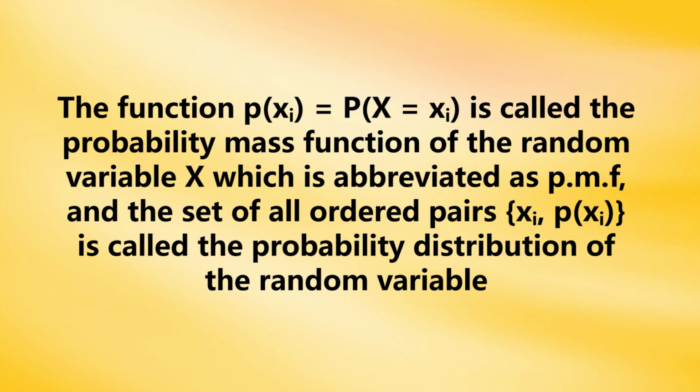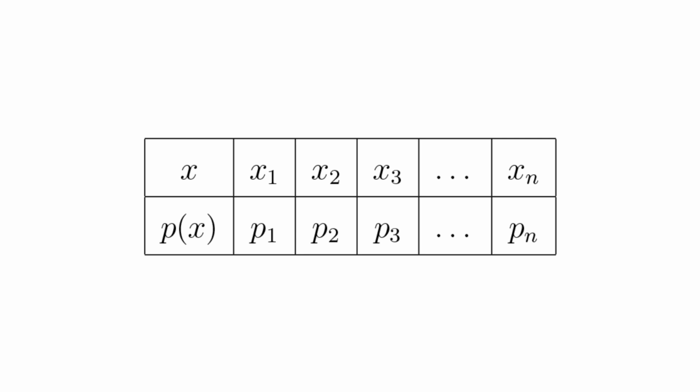The function p of xi, equal to p of x equal to xi, is called the probability mass function of the random variable x, abbreviated as PMF, and the set of all ordered pairs xi, p of xi is called the probability distribution of the random variable x. The probability distribution of the discrete random variable can be presented in a tabular form as shown.